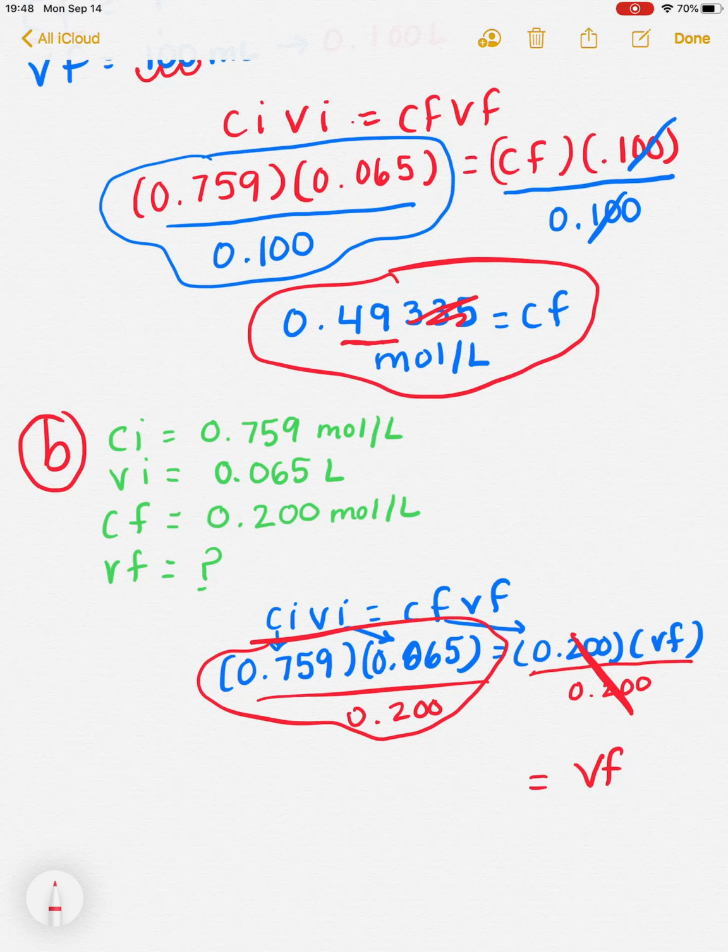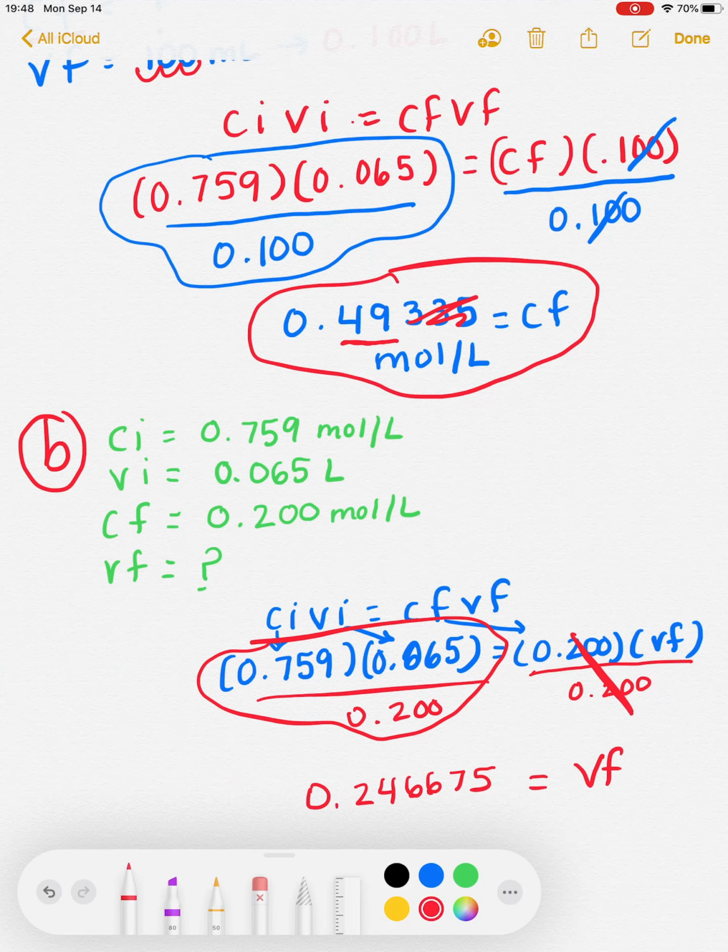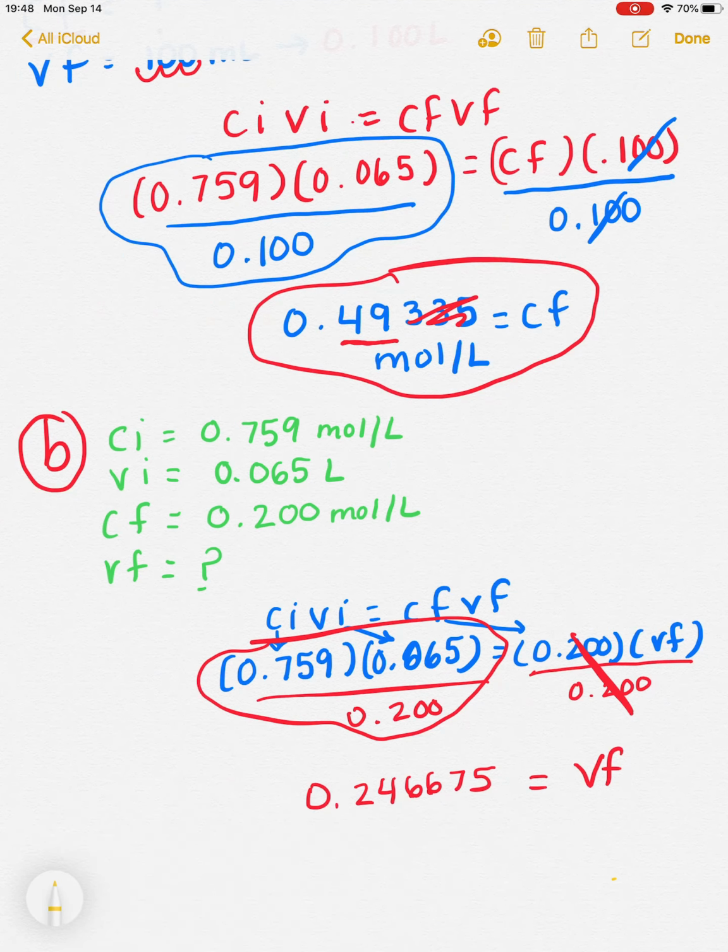So 0.759 times 0.065 divided by 0.200 gives me an answer of 0.246675. And remember, I always like your answer to be rounded to 2 decimal places, so our VF should be equal to 0.25.